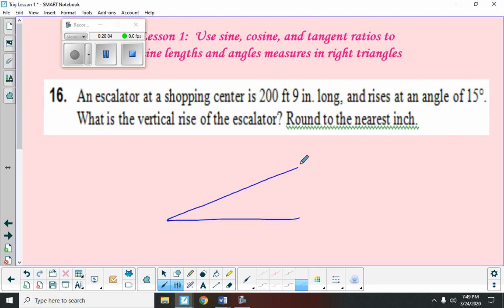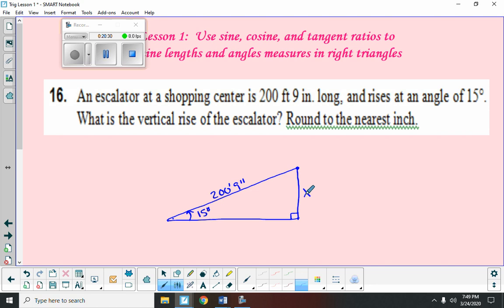So if this is the ground, the angle that it rises is 15 degrees. From the very tippy top, the perpendicular distance down to the ground would be the vertical rise. So we'll call that x. That's what we're looking for.